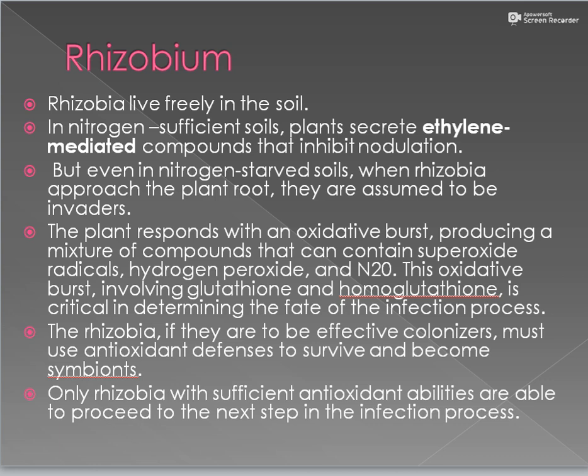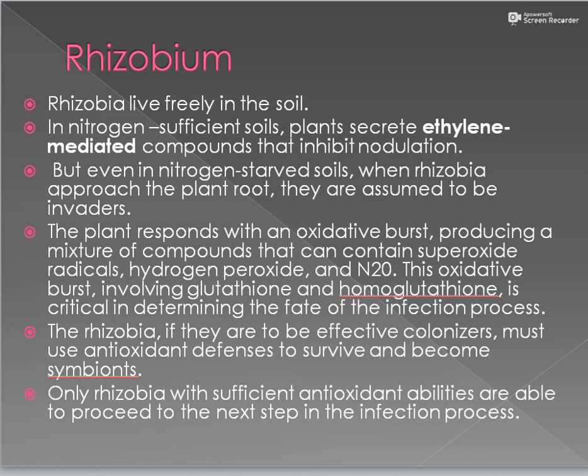And rhizobium in turn will have to produce some antioxidant defenses. When these antioxidant defenses become sufficient to overcome the oxidative stress given by the plant, only then can an infection process be initiated.